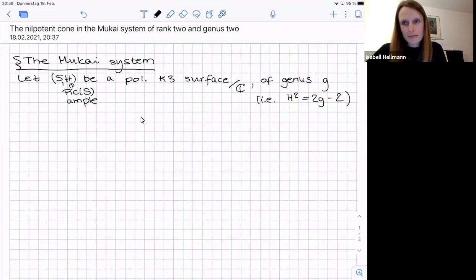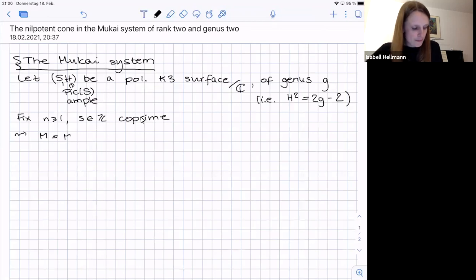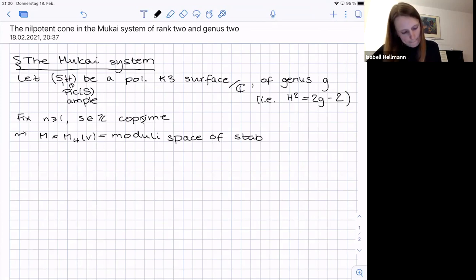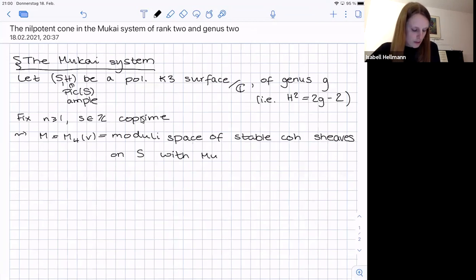And this just means that any curve in this class has genus G. Okay, I want to fix 2 numbers, namely a natural number N greater than 1 and an integer, which I call s, coprime to N. And then I consider M, which is the moduli space of stable coherent sheaves on S with fixed Mukai vector v, which I take to be (0, nH, s).